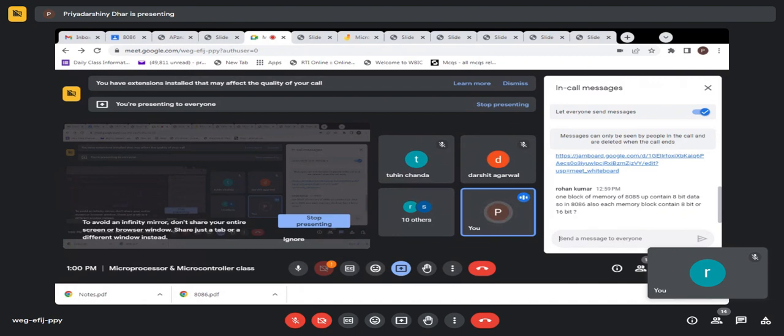I think 8085 stores 8-bit data, 8086 also stores 8-bit data, 8088 16-bit data.